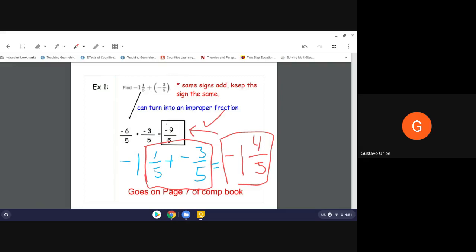If you feel fairly confident that you can turn it into a mixed number, you can try it. I wouldn't recommend it unless it specifically says to write your answer as a mixed number. And again, if I was to convert this into an improper fraction, 5 times 1 is 5, plus 4 gives me 9/5. Negative 9/5.